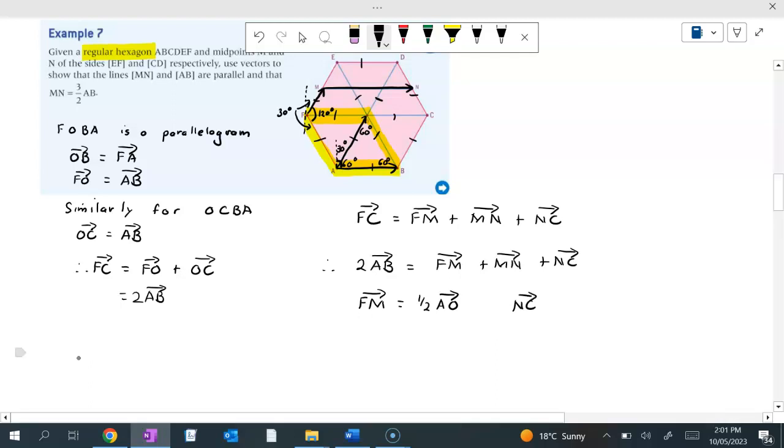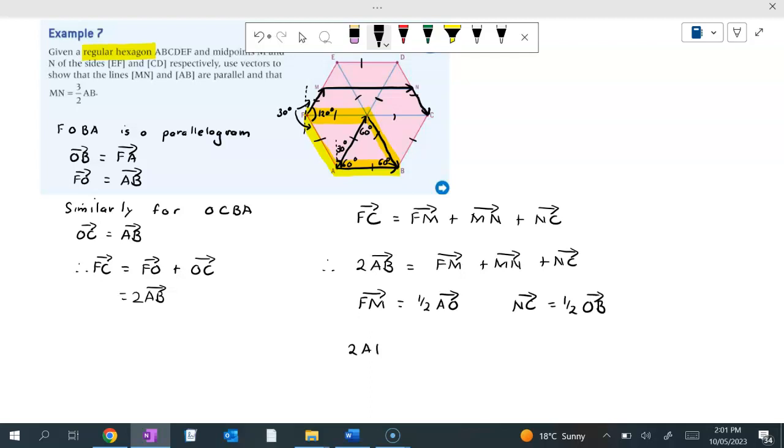And then by a similar kind of idea, if I look at BO, well, I might actually take it as OB, that's in the same direction as NC by a similar demonstration to how we showed the other one, and NC will be half the length of OB.